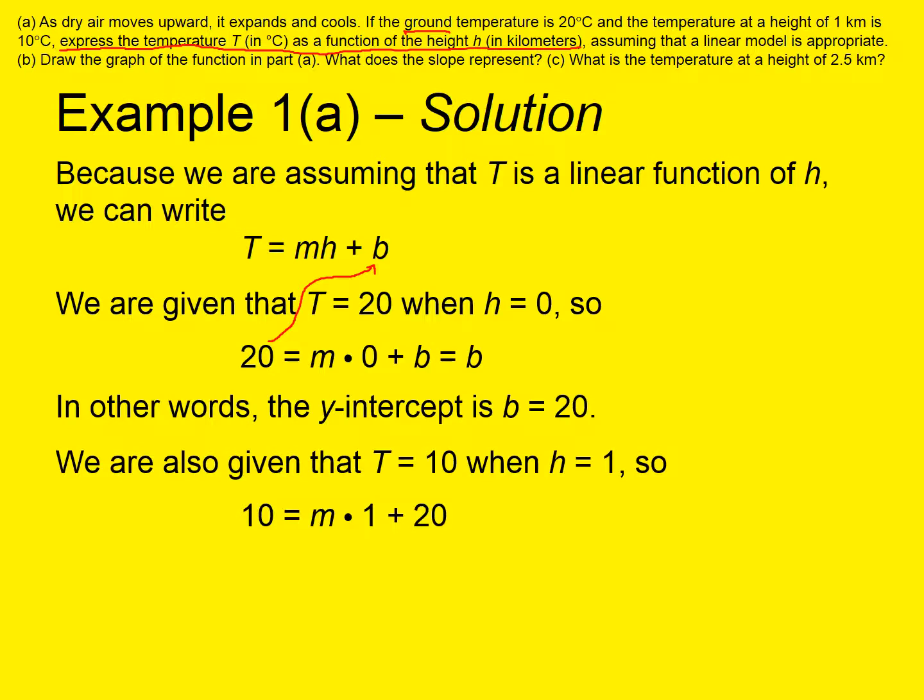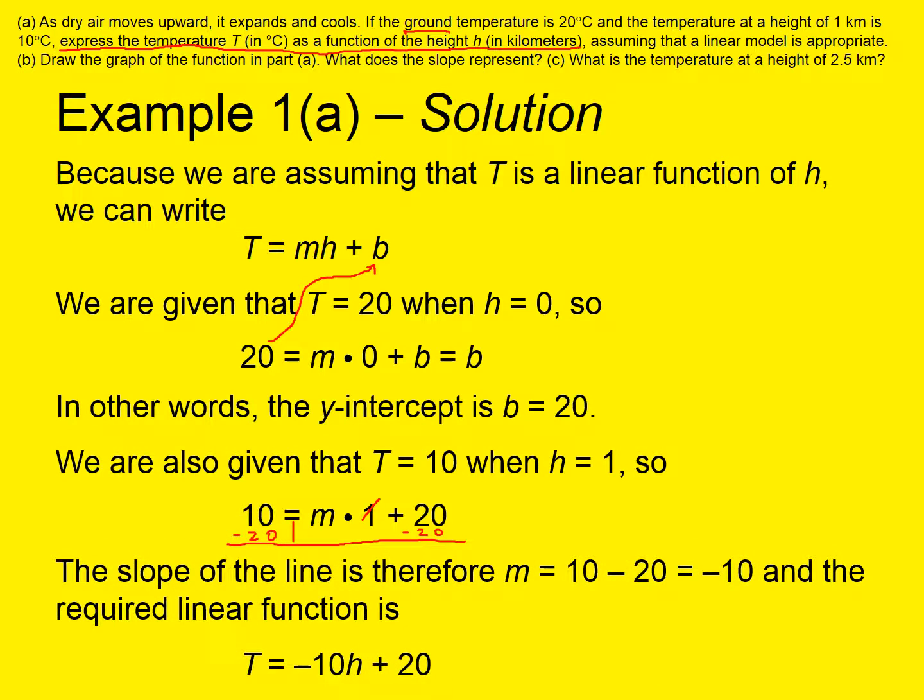So substituting those values, as we just said, we're going to be able to get m. Well, 10 is m times 1 plus 20. So we're just going to subtract 20 from both sides. Subtract 20, subtract 20, and that'll give us a value of m, which is negative 10.